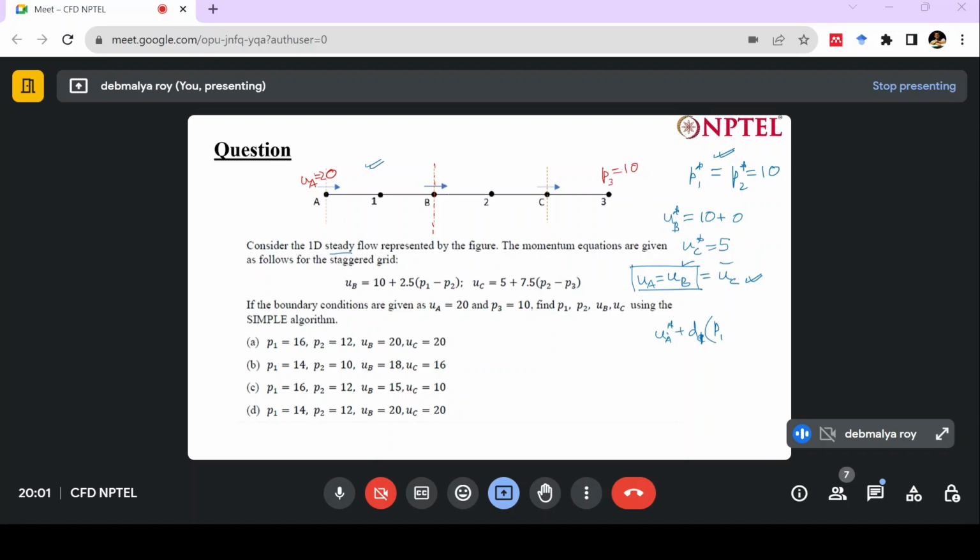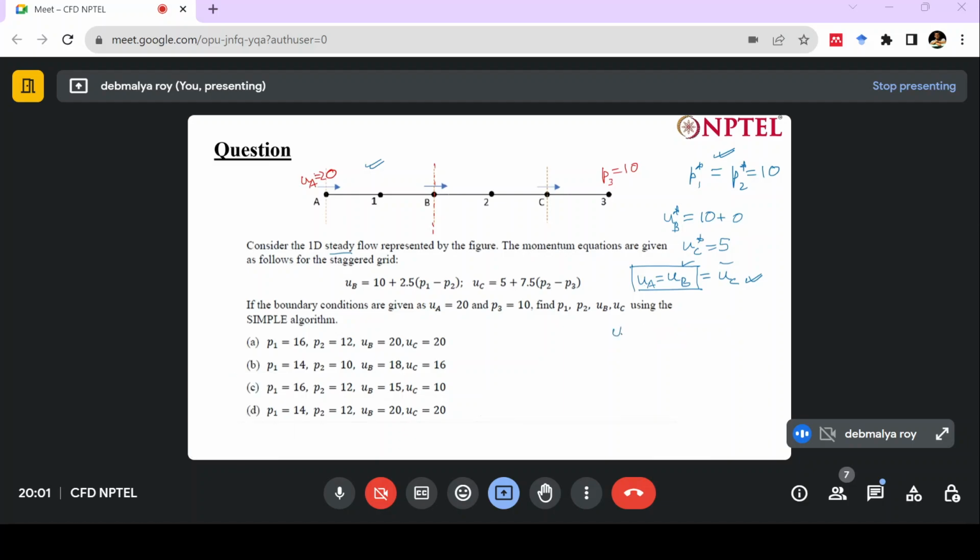For UA, this will be DA actually, times P1 dash minus whatever the pressure is on the other side. Actually, UA is given, so this need not be here. So this thing exactly we will do for UB, not for UA, because UA is already given.